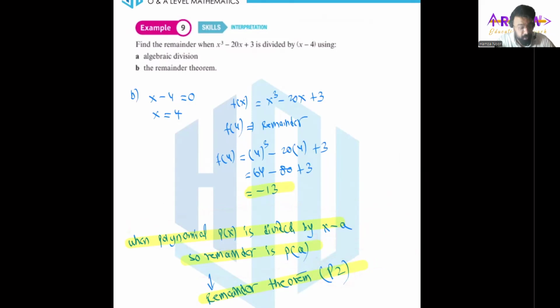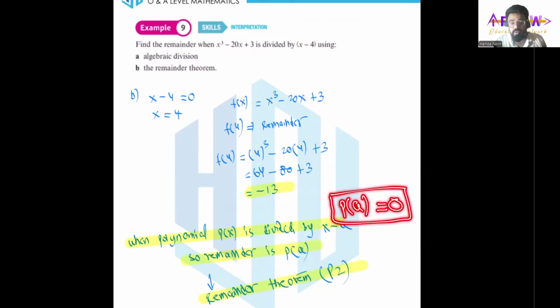However, if the polynomial is divided by x minus a, so x minus a is equal to 0, so x is equal to a. And when you put the input of the polynomial as x equals a, and if the output is equal to 0, this is called the factor theorem.